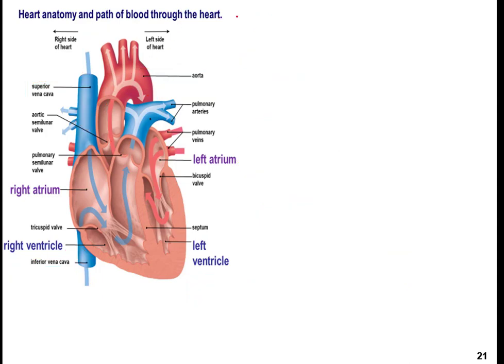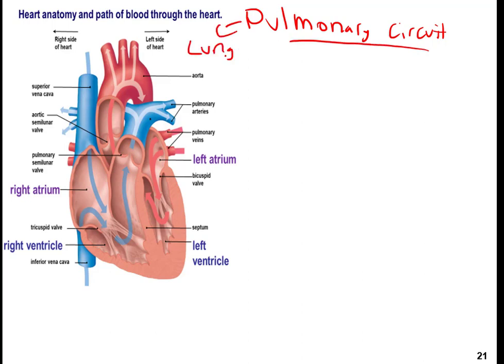Now we got to talk about the second pathway, which is the pulmonary circuit. Anytime you see this word pulmonary, this indicates something to do with the lungs. All right, so we've just ended the systemic circuit. We now have oxygen poor blood, which has entered the right atrium.